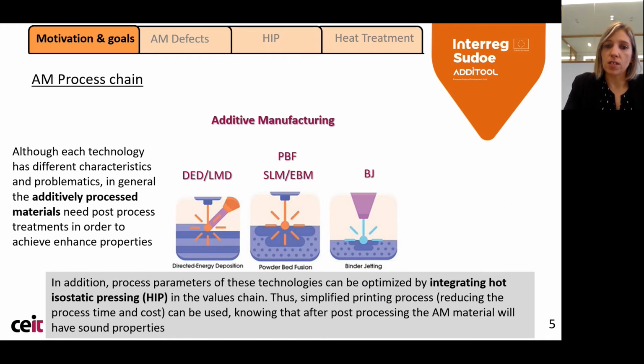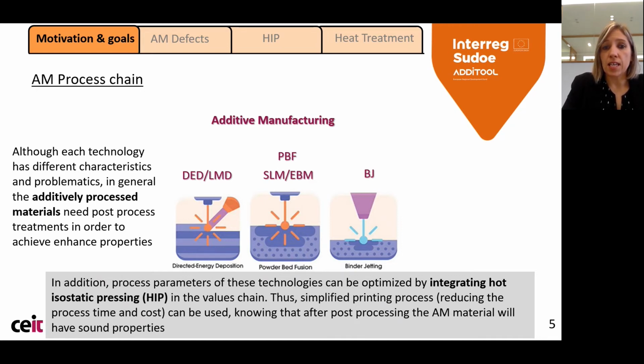For instance, the ones that are based on fusion, such as direct energy deposition, or powder bed fusion, like SLM or EBM, but also AM processes which are not based on fusion, but on sintering, like binder jetting.